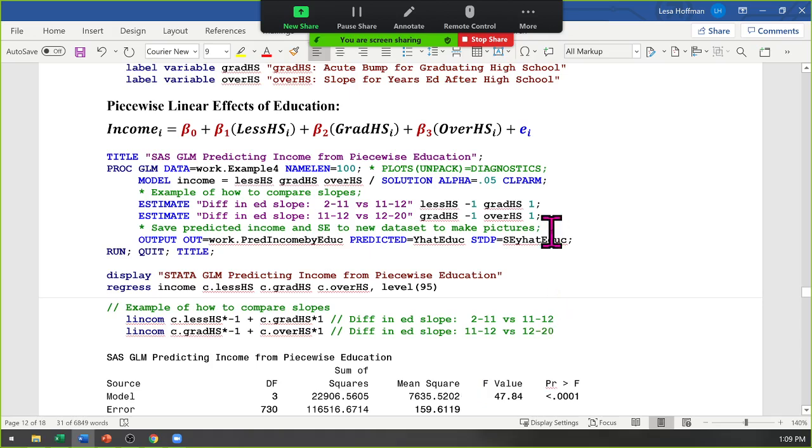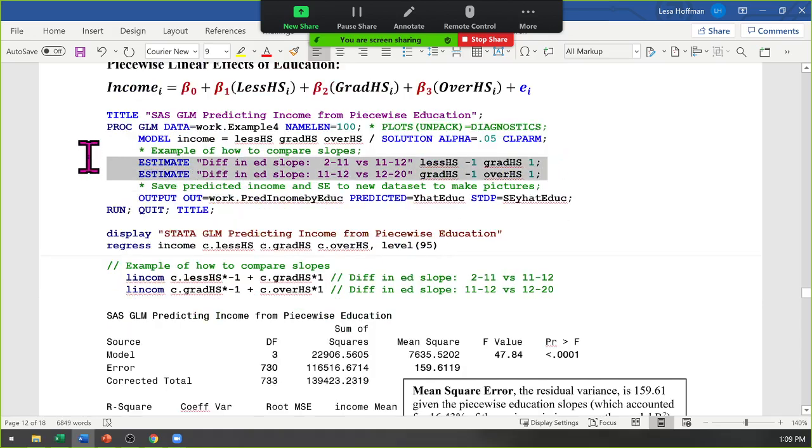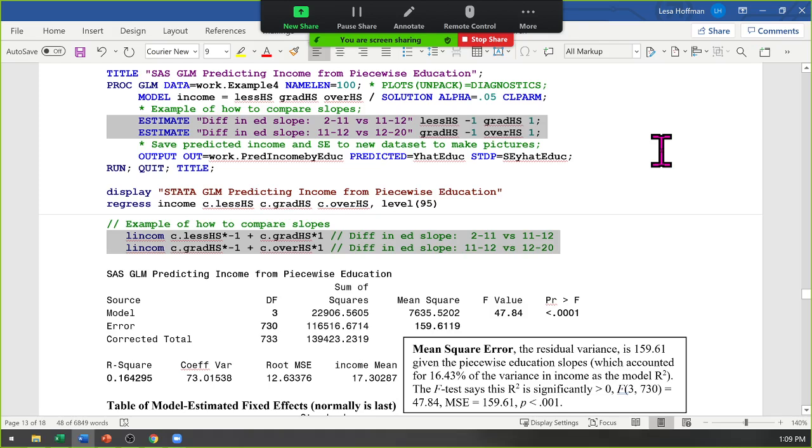There we go. Now we can get both versions on the screen at the same time. This code is contrasting each pair of slopes that are adjacent to each other. So I'm comparing the effect of less than high school to the effect of graduated high school.